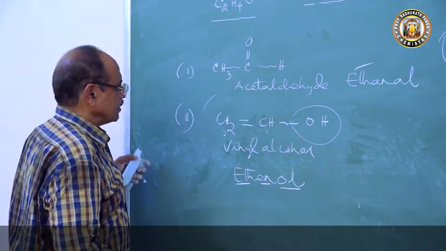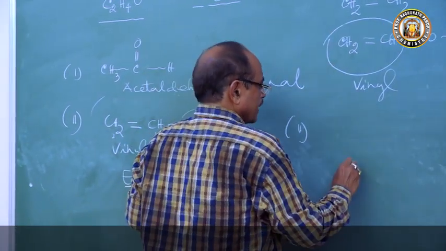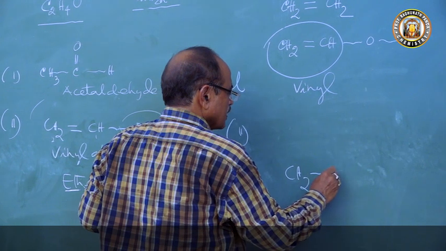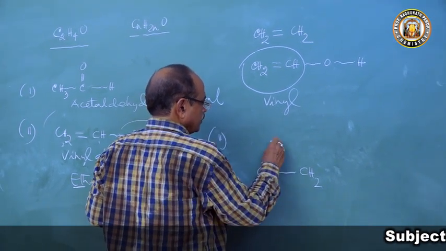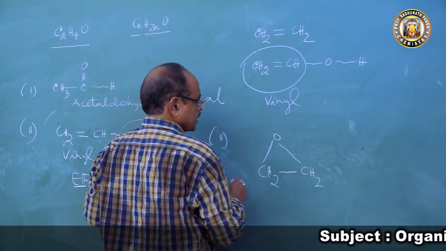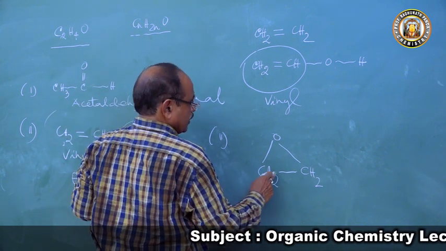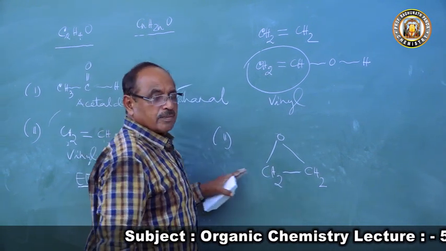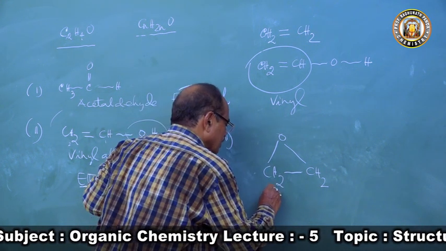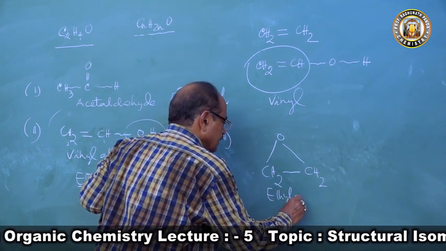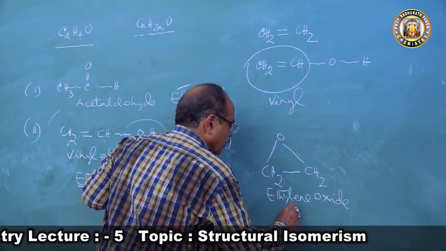Another way we can write it: we can have CnH2n, so we can write CH2, CH2 and O. C2H4O as a ring structure. We can have a ring structure. This is ethylene oxide, or its other name is epoxide.